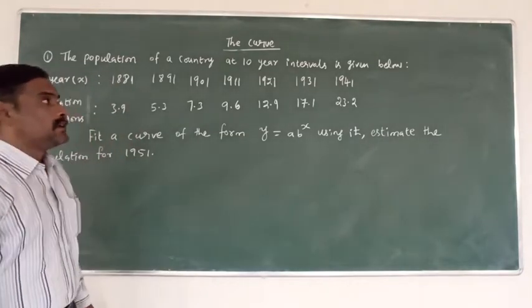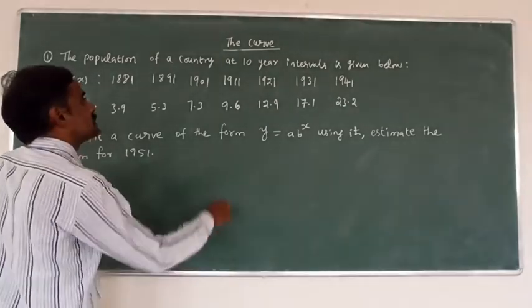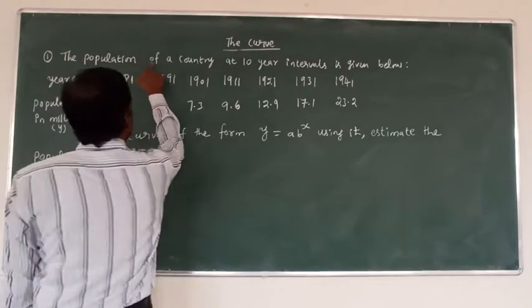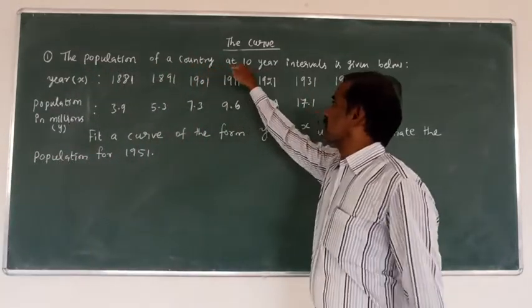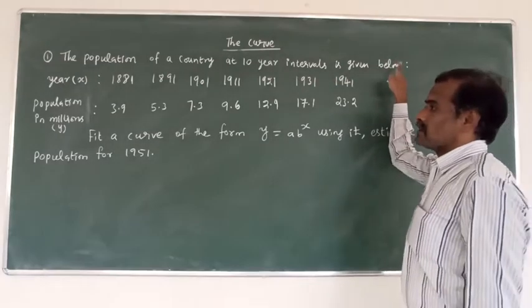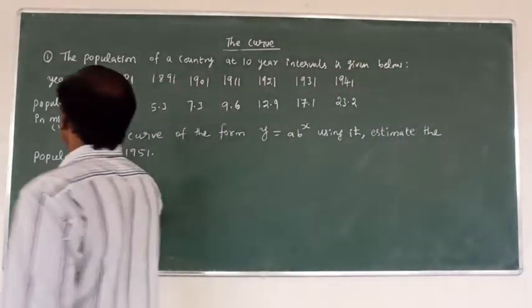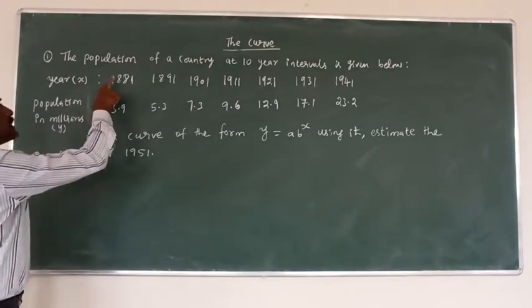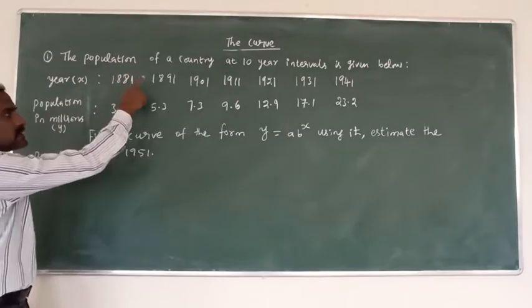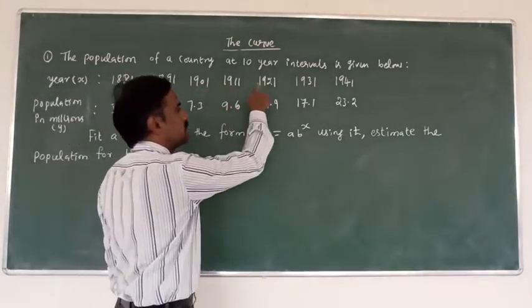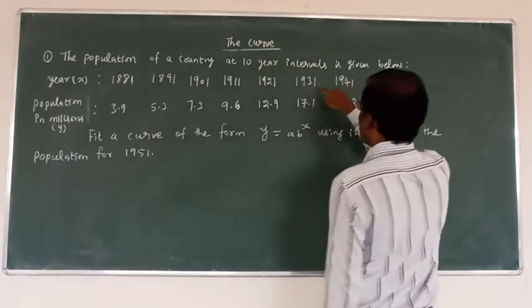Good morning. First sum in curve method. The population of a country at 10 years intervals is given below. Year is X: 1881, 1891, 1901, 1911, 1921, 1931, 1941.